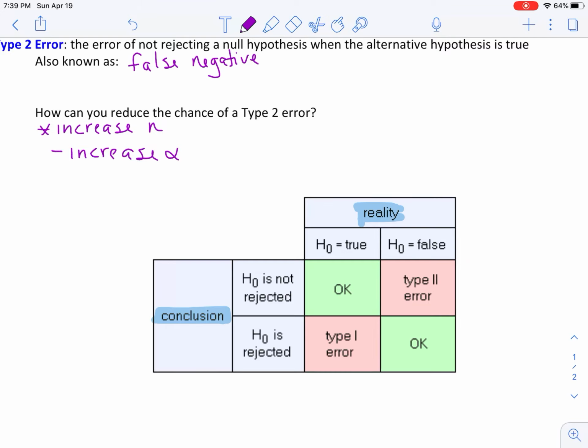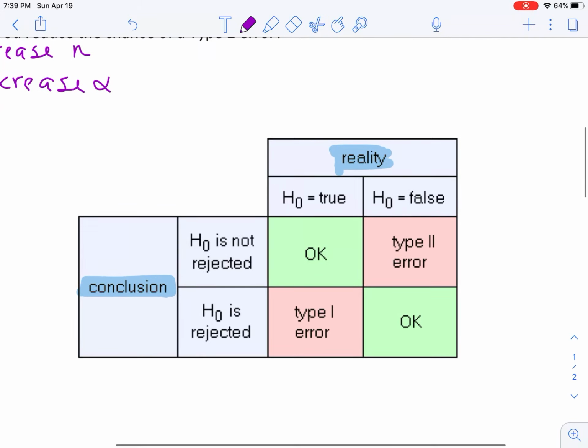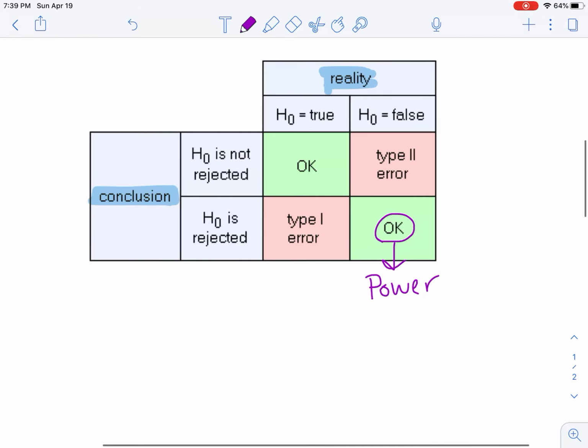Okay? There's just one more thing I want to add to this. If I reject the null hypothesis correctly, so I rejected it and it was false, obviously that's a good thing. When that happens, it's called the power of the test.